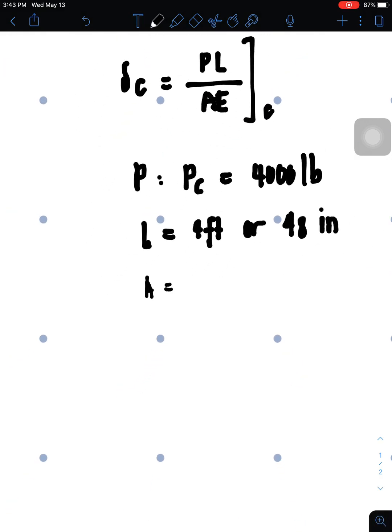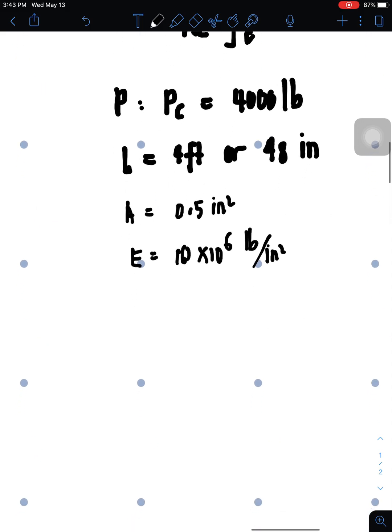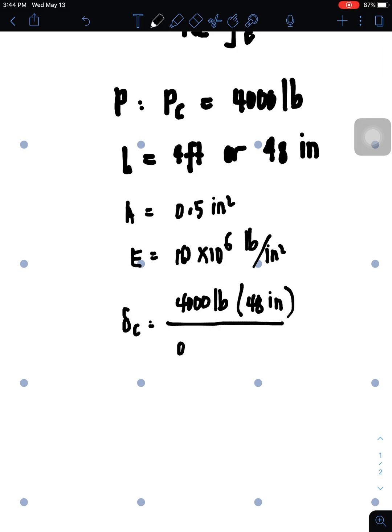And then our area here is the same, 0.5 square inch, and our modulus of elasticity is 10 times 10 to the 6 pounds per square inch. Substitute. The deformation of C is equal to 4,000 pounds times 48 inches divided by 0.5 square inch times 10 times 10 to the 6 pounds per square inch.